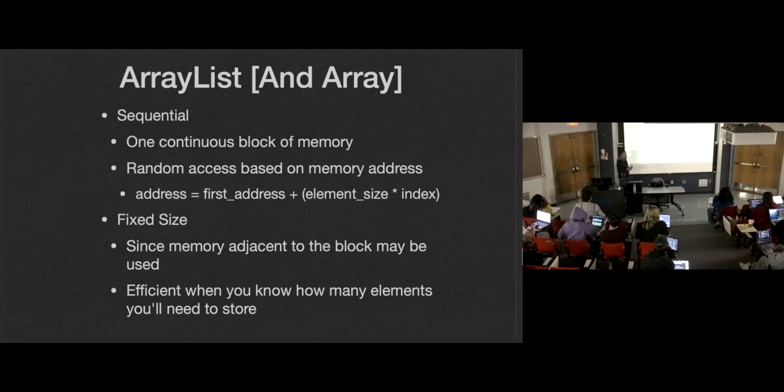What makes arrays kind of special or unique, what makes them arrays, is that they're one continuous block of memory. So when you have an array with 5 elements, those 5 elements are sequentially located in memory.